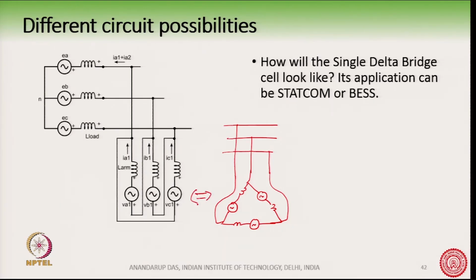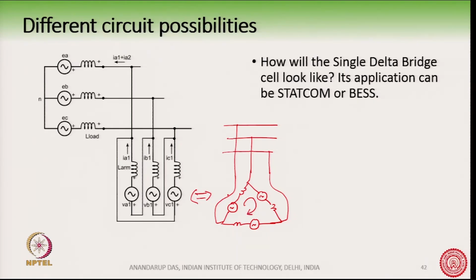One feature of the delta connected system is that you can have a circulating current flowing inside the delta, which may be useful when you have to compensate unbalanced loads, for example, in a STATCOM application. So, this can be a delta connected STATCOM. Okay.